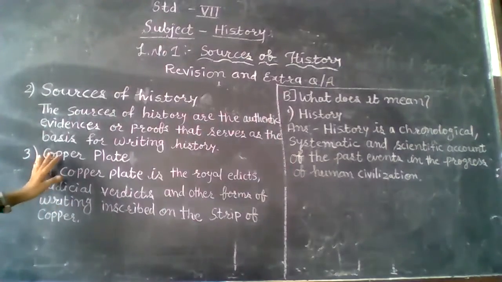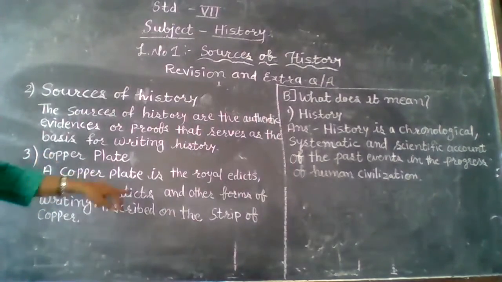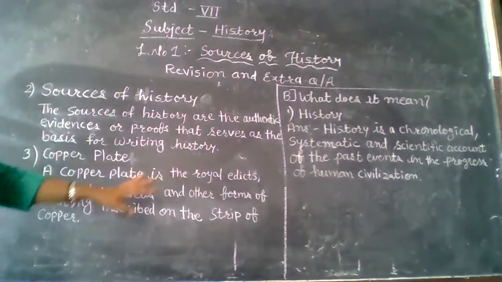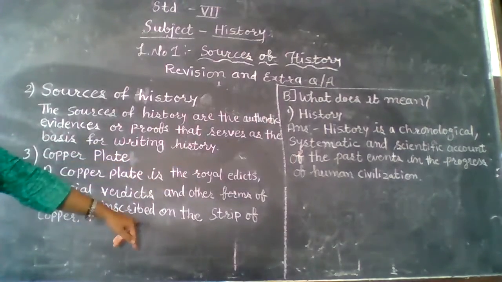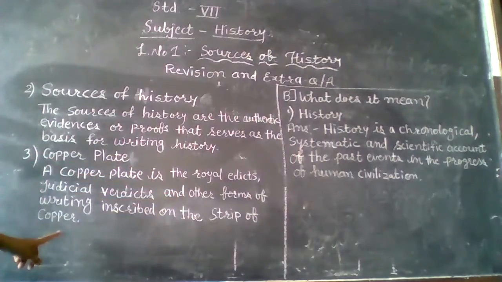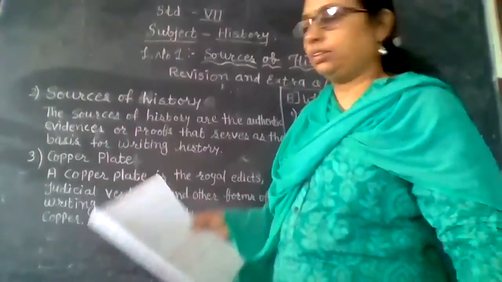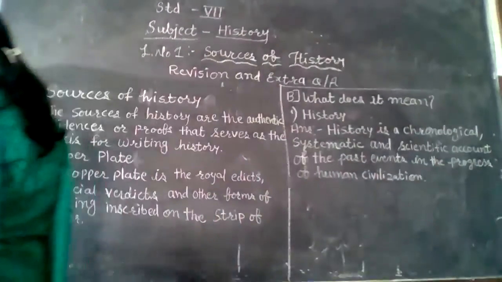See, copper plate. A copper plate is the royal edicts, judicial verdicts, and other forms of writing inscribed on the strip of copper. Now, next number 4.